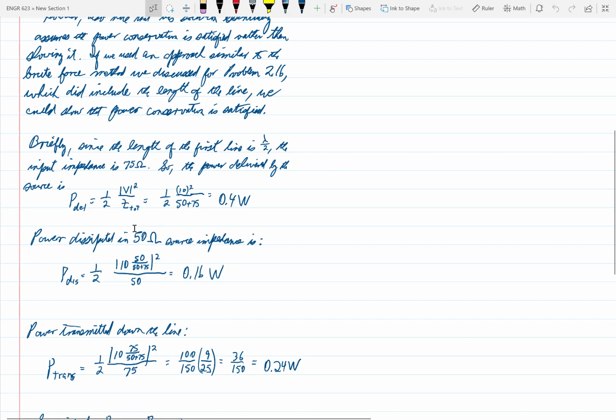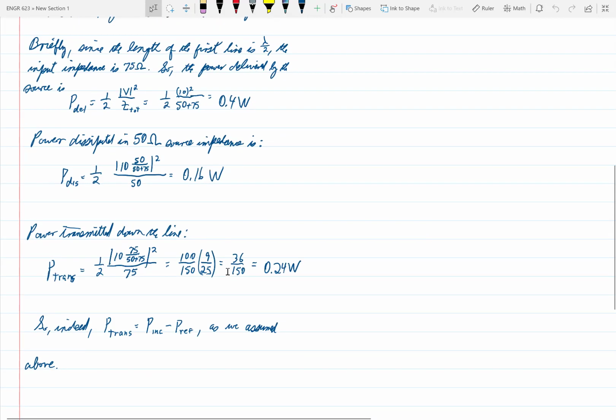Now, using a similar analysis, the power dissipated in the 50 ohm source impedance is 1/2 times the voltage across that source impedance squared, divided by the source impedance, and we get 0.16 watts. And the power transmitted down the line, same kind of idea, 1/2 times the voltage at the input squared, divided by the 75, which is, as we said, the input impedance, and we get 0.24 watts.